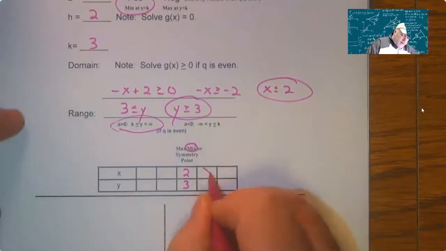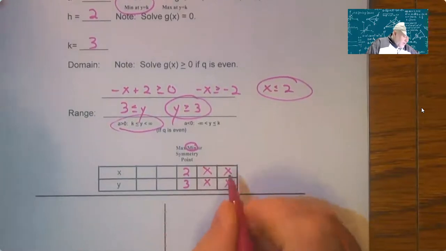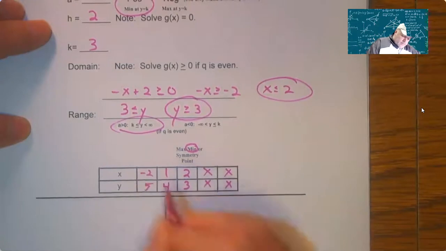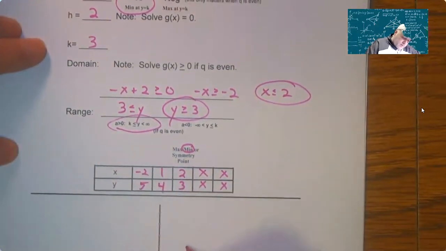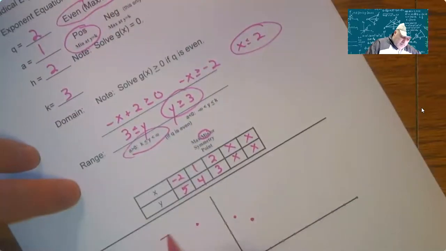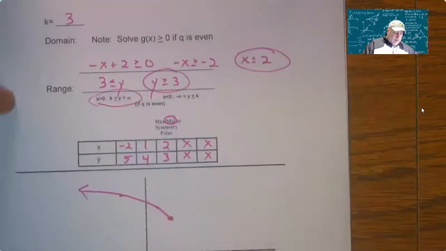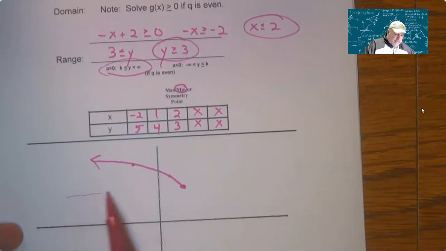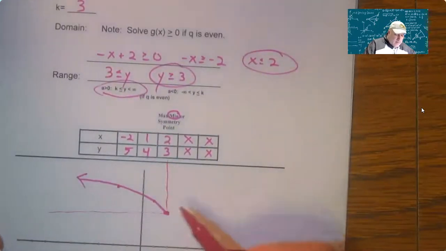Okay, so this part of the table will not exist. And we're going to actually go this way, get some whole numbers. So 2, 3, and 1, 4, and -2, 5, right about there. So this will be what it looks like. So you can tell, I always talk about the box technique, like putting this box in.